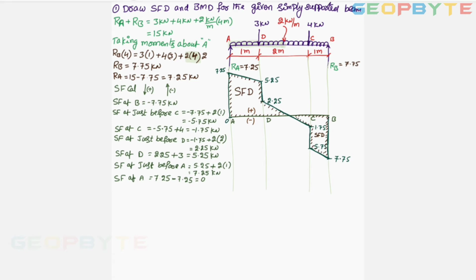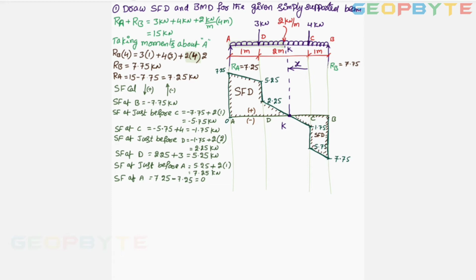Look at point K. At this point K, the shear force diagram changes its sign from negative to positive or positive to negative, at a distance of, let it be, x from the C. At that point K, bending moment will be maximum. You know that wherever the shear force diagram changes its sign, the bending moment is maximum.